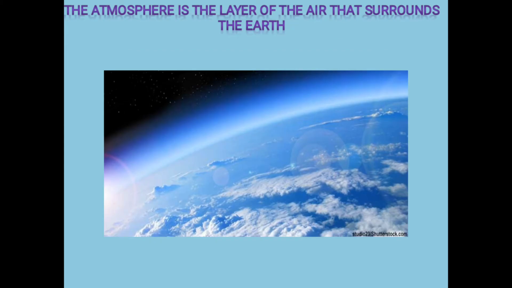Students, do you know that all these three spheres of the earth have formed naturally? And the atmosphere, which you can see here in this slide, is the layer of air that surrounds the earth.